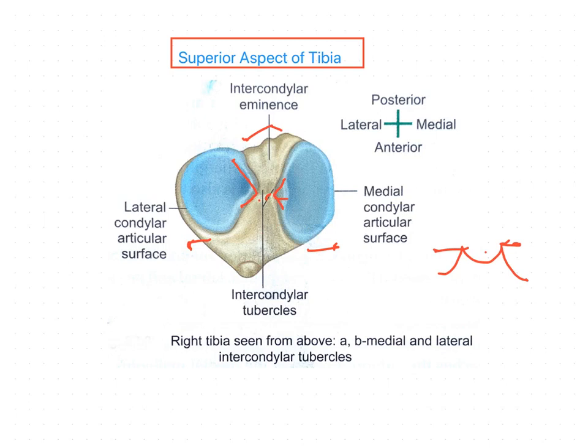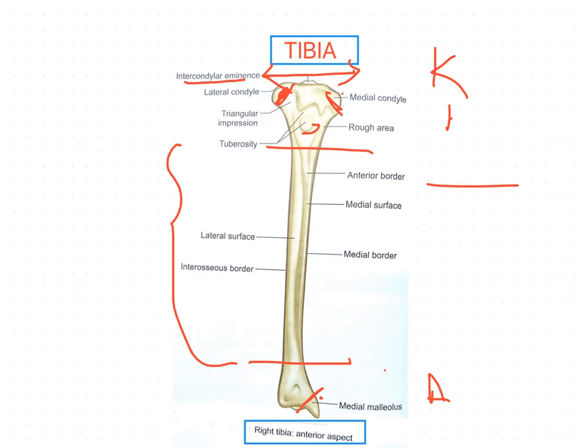So that we can see on the medial side of the tibia. If you go to the anterior aspect, we can find such kind of things.